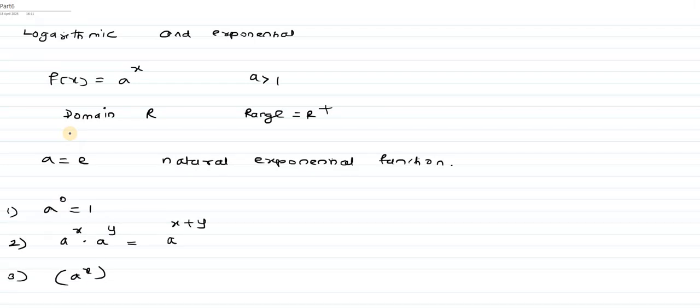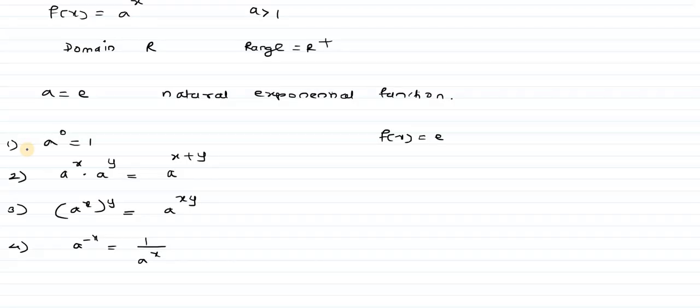Next, a to the power x to the power y will be a to the power xy. Then a to the power minus x is equal to 1 upon a to the power x. All these things you have been learning right from 8th standard. It should not be a problem, but you should remember all this basic stuff. Clear?